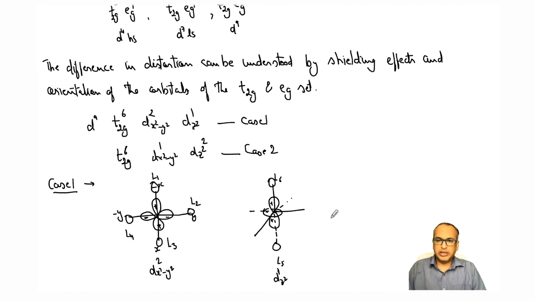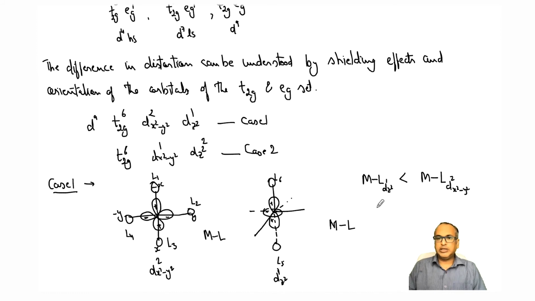So if you consider the metal ligand bond here versus metal ligand bond here, for dz square there would be less shielding, so more attraction means the length will be shortened, versus the metal ligand bond where I have dx square minus y square completely filled.